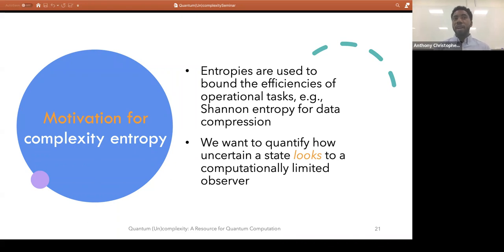Whereas if I were able to apply as many gates as I want and I had absolutely no uncertainty in my gates, so my fuzzy gates had a parameter of epsilon equals 0, then I would be able just to simply, in an idealized case, perform the exact unitary I want to get it back to the all-zero state. I could say, oh, it's a pure state. Any pure state has no uncertainty. It has an entropy of 0. So here we want to use an entropy that actually takes into account the computational limitations relevant to complexity.